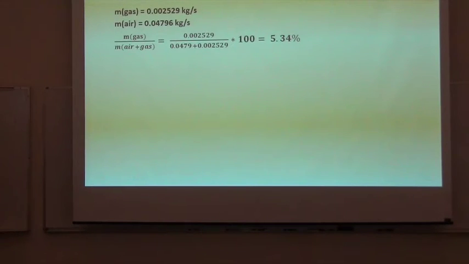Then we also calculated the balancing ratio between mass flows of air and methane. The balancing ratio was actually methane over air plus gas. So we can see that now the ratio is 5.34, which is not the same as 5.2.